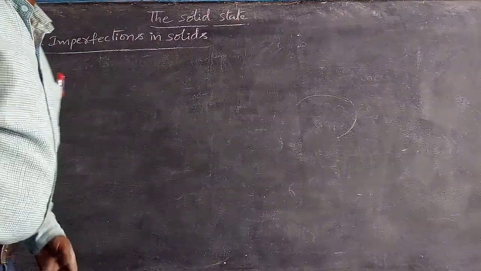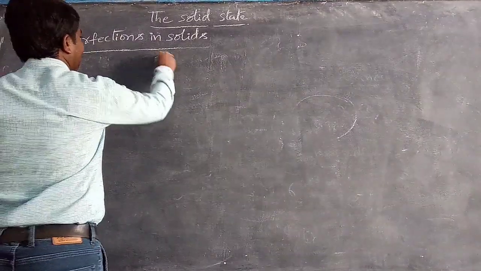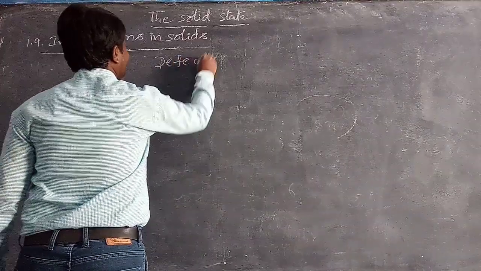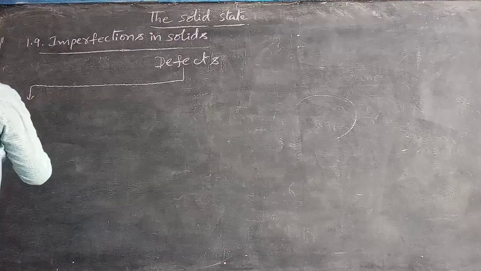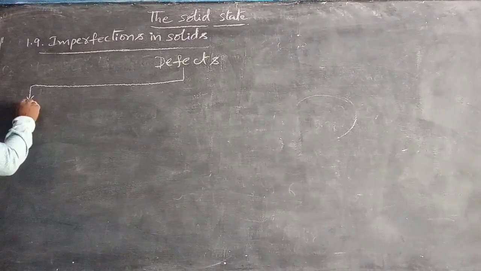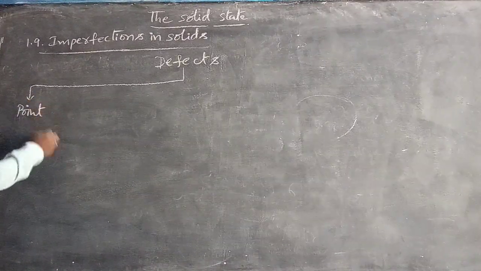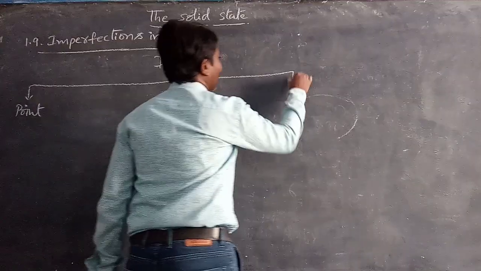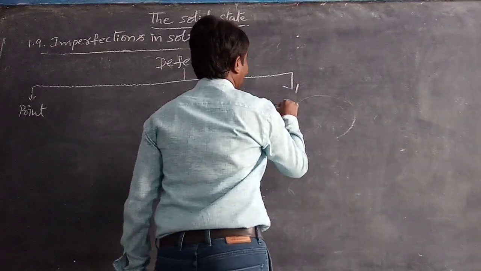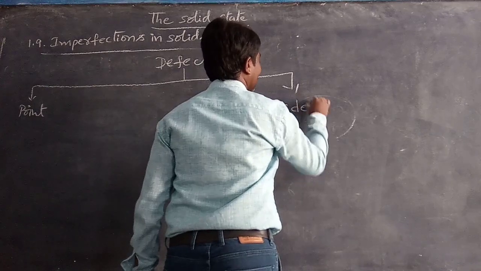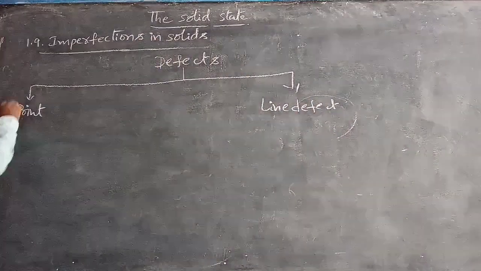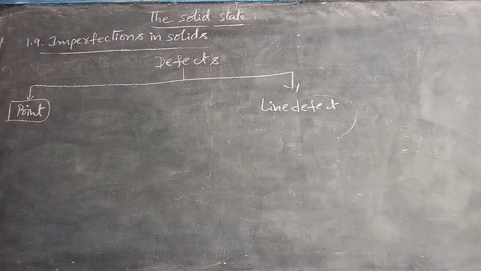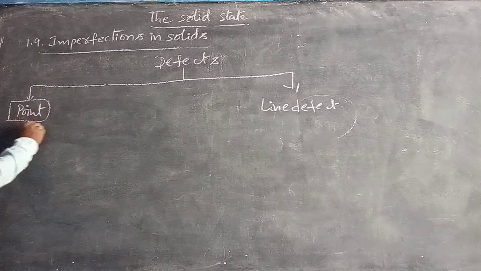Defects are of two types: point defect and line defect. Here we are discussing only point defects. The point defect is divided into three types.